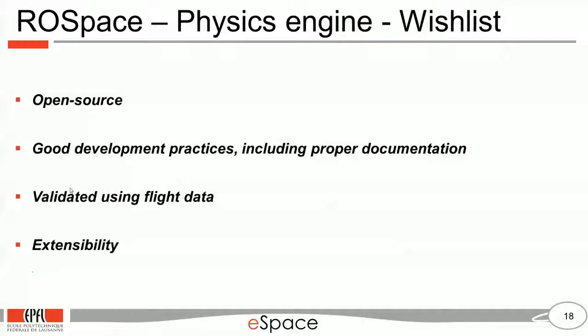Of course, when you get some piece of software, you want something that has decent documentation. And something that's really critical is that it is validated using flight data. That means we don't want something that runs and has no foothold in reality. We want something that has been tested against reality.